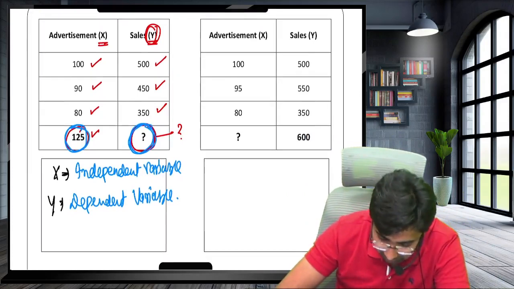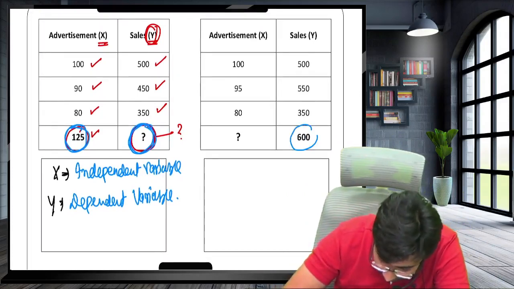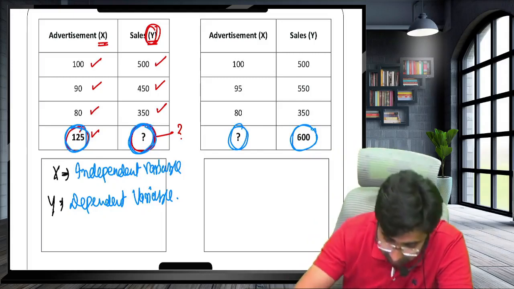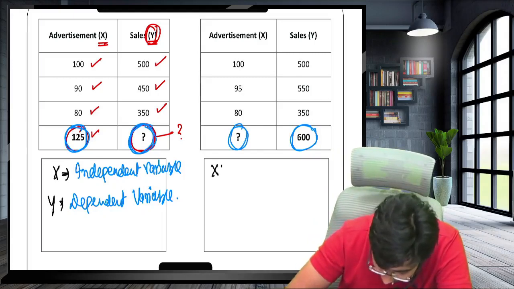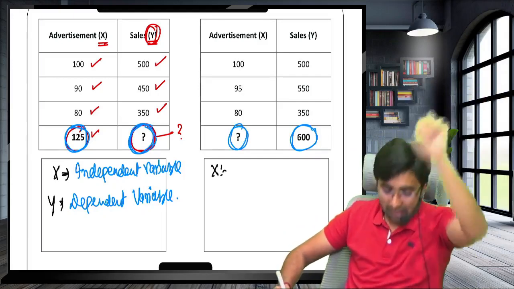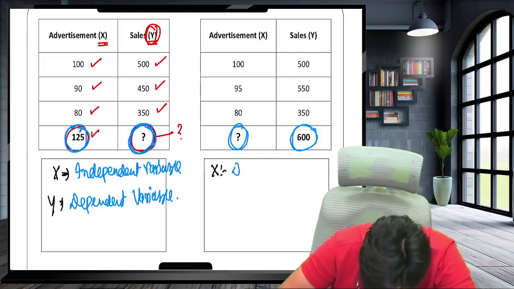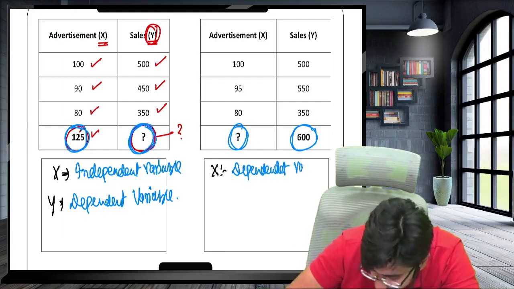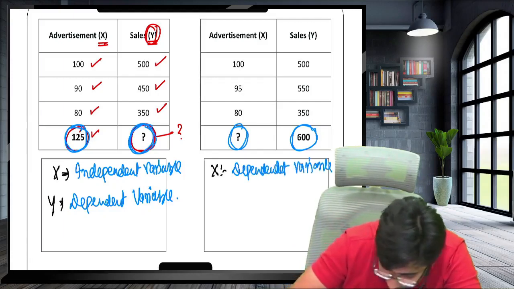Now reverse the case. Now I am saying I made the sales of 600. What should be my advertisement cost? Now here, in the same case, since I need to identify the value of x, that is the dependent variable, and the value of y is known.